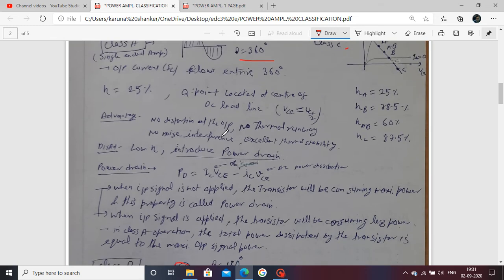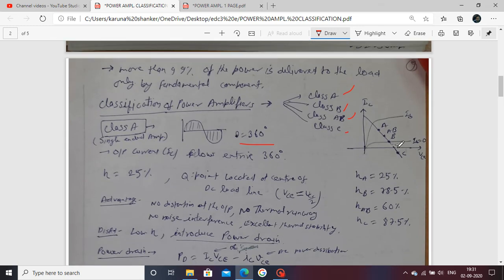Now we compare this with the diagram. This is the load line. The y axis is IC, the collector current, and the x axis is VCE, the collector to emitter voltage. On this load line, the center point is class A, below the center is class AB, and this point is the cutoff point.